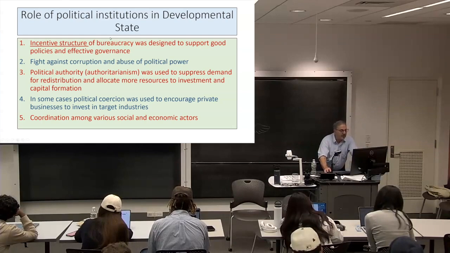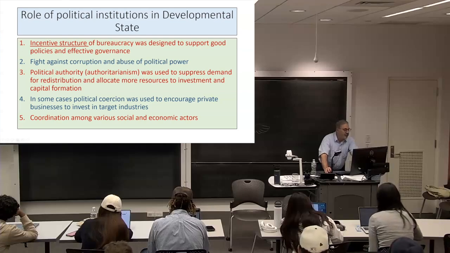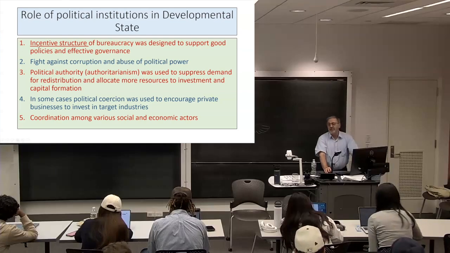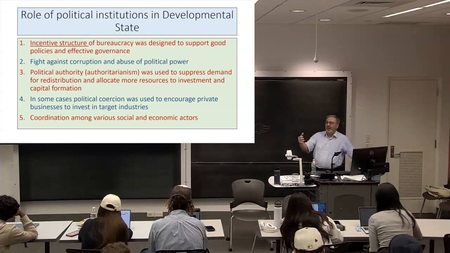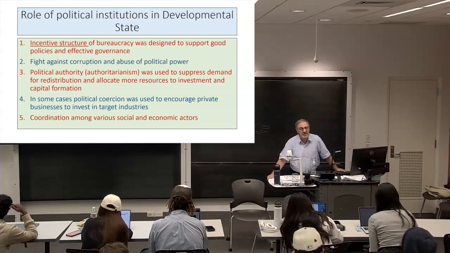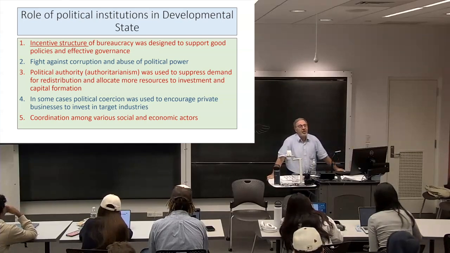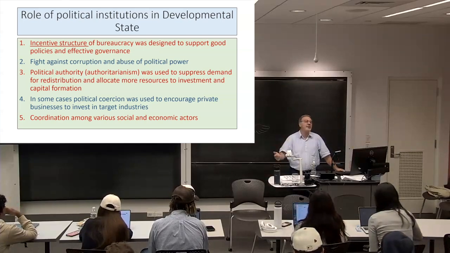For example, when we talk about bureaucracy, and we want an efficient bureaucracy, we have to ask, what are the incentive structures? What are the incentive models that will encourage the bureaucracy to serve the industry and support the business, rather than becoming a burden or being indifferent?